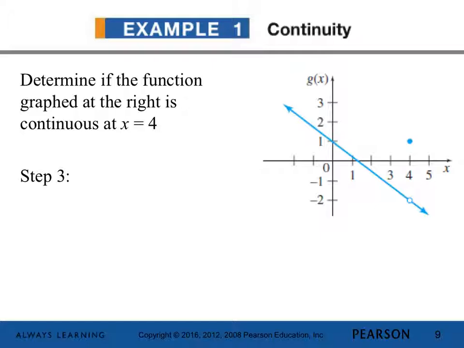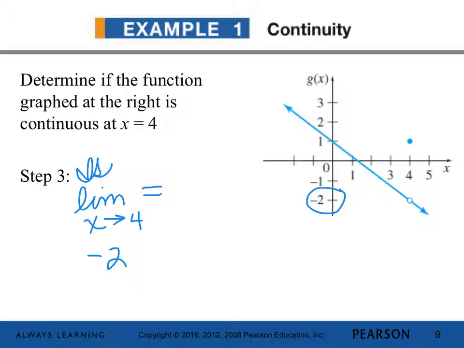Because the third step says, okay, if it passed step 1 and step 2, is the limit as x approaches 4, which, if you recall, does exist and is -2, because you approach from the right and the left and you're going to approach the function value -2, but is that limit equal to g of 4?